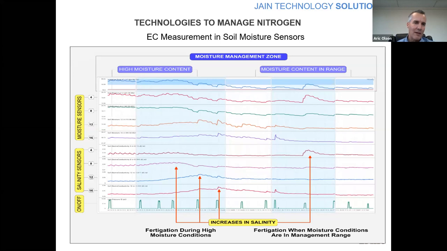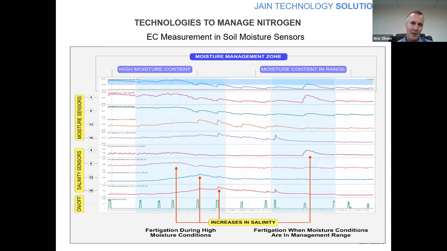It's called salinity sensors on here, but it's really an EC measurement, electrical conductivity. The bottom four lines are EC measurements or salinity, and the top four measurements are soil moisture.